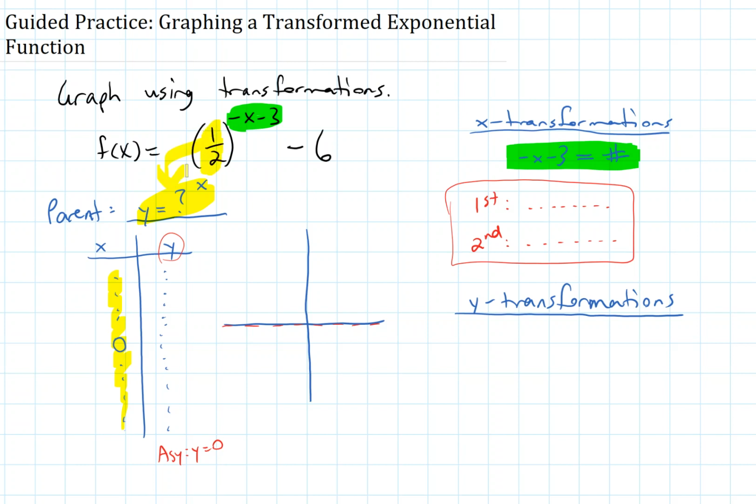See, that is not a transformation. So your y transformation is going to occur from this minus 6. And it's literally what you see is your y transformation. So there's only one. Maybe you still want to label it as your first y transformation. Go ahead and write out what that transformation is. And that's what you're going to do here. Pause the video. Make sure you've got everything set up to this point.